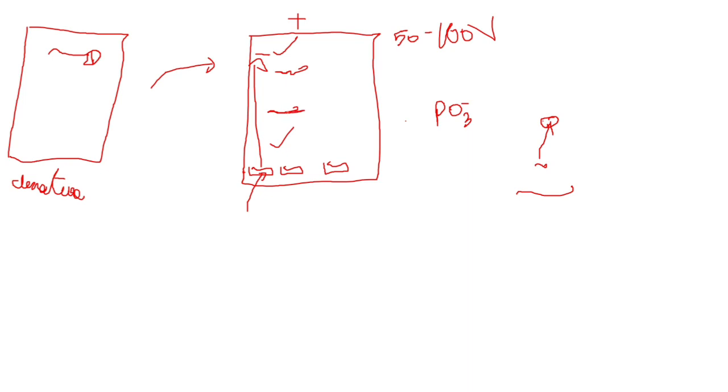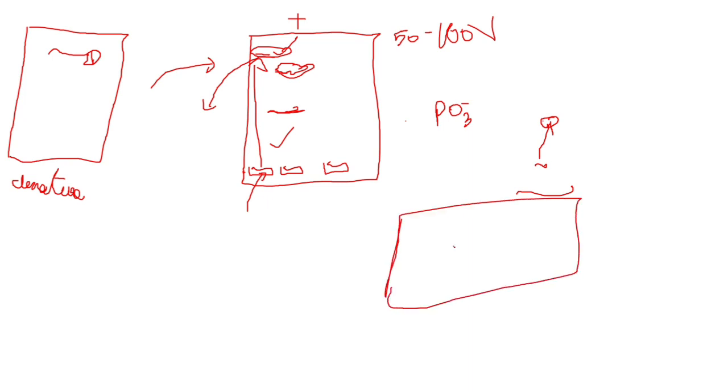Now we have separated the RNA molecules. First we have done isolation, then denaturation, now electrophoresis, and we have separated the RNA according to their size. Now we have to get the RNA outside. So we will take the gel, place it on top of a solid, and then put a nitrocellulose membrane here.